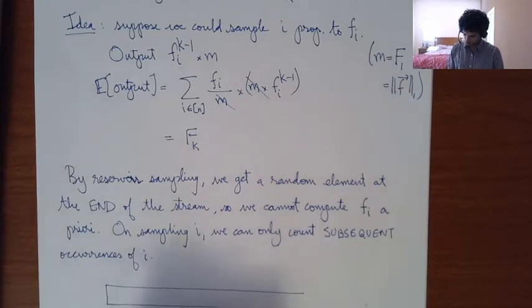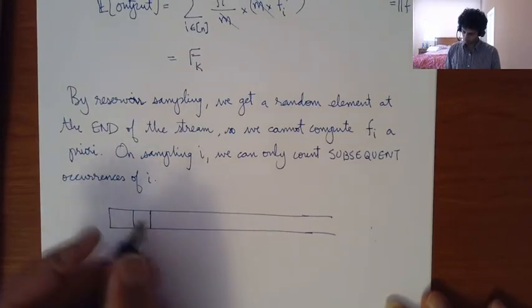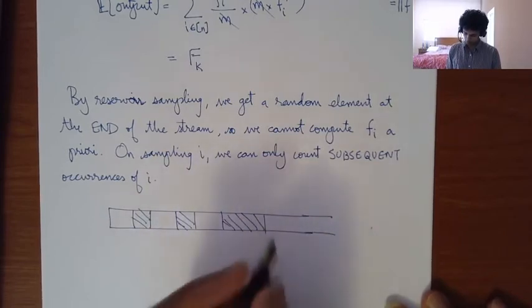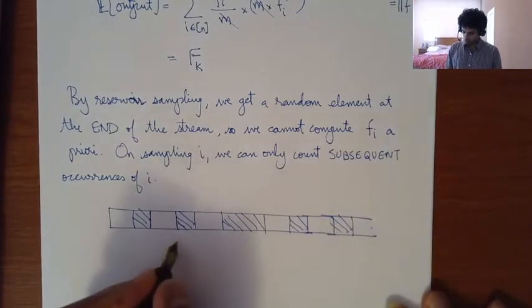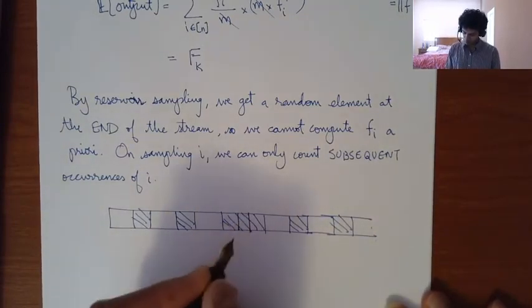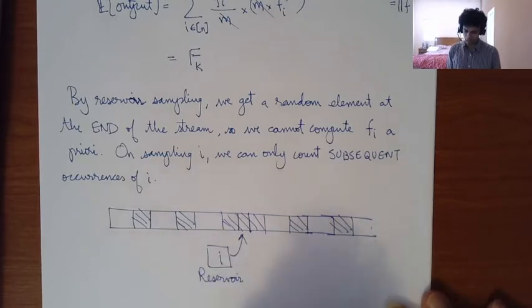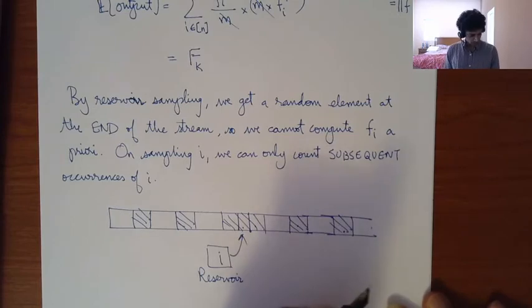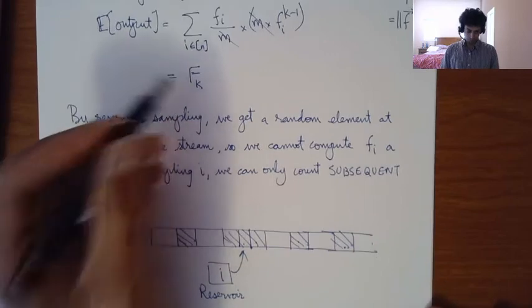Here's your stream, and maybe i appears here, and i appears here, and maybe i appears repeatedly in this block, and so on and so forth. Let's say reservoir sampling decided to sample i at this point. So here the reservoir actually has i. It can only count how many occurrences of i happen afterwards, subsequent occurrences of i. And it's not clear it's going to get f_i.